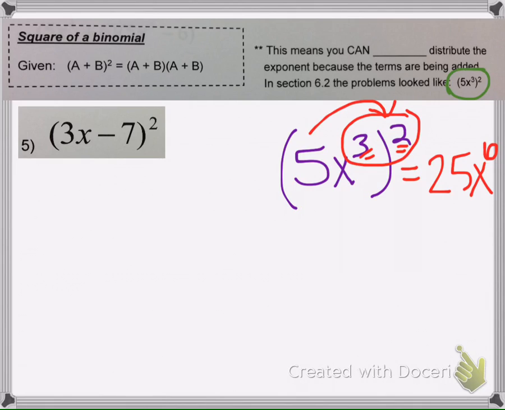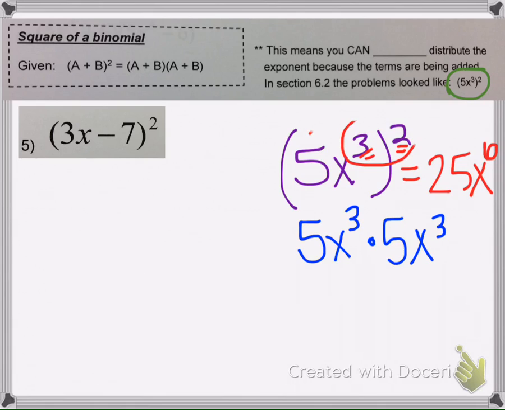So remember why that is because it's saying that there's two 5x cubes. So the job of the exponent here, this 2 out here, is to tell us how many times, so this 2 that was out here tells us that there's going to be 2 of these.